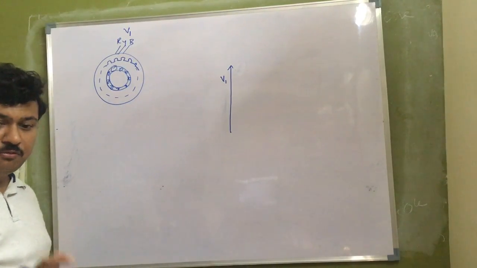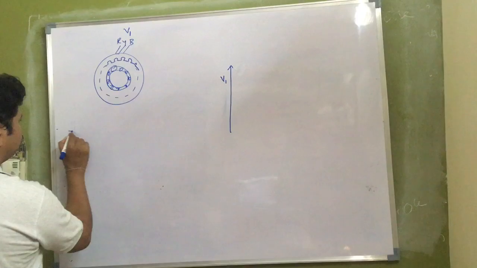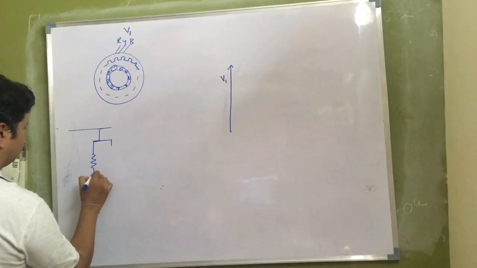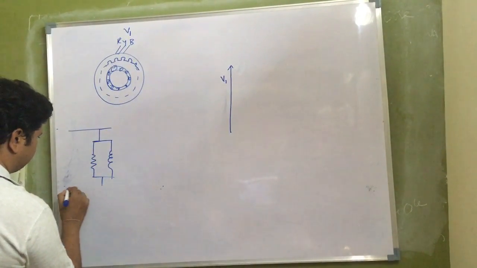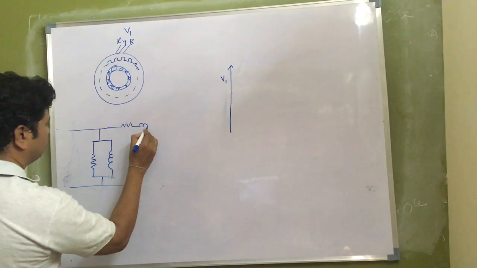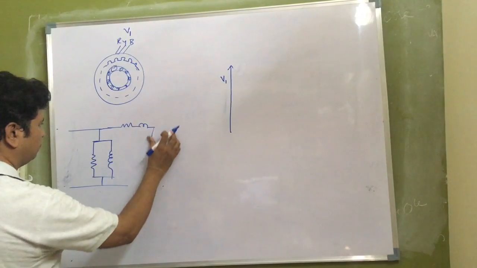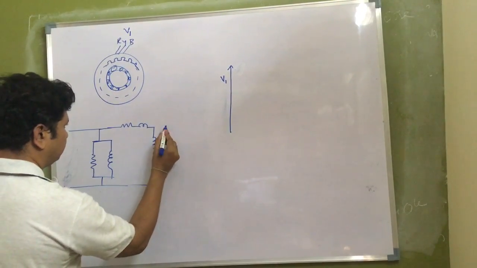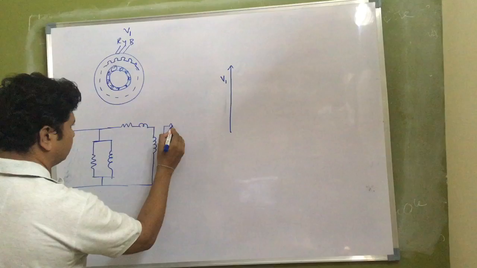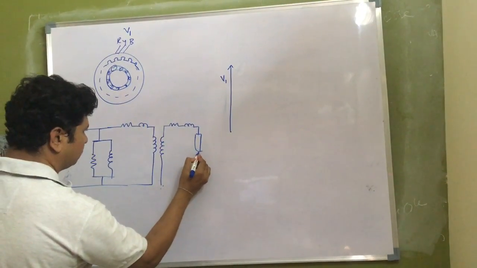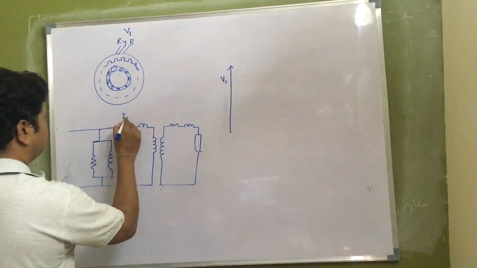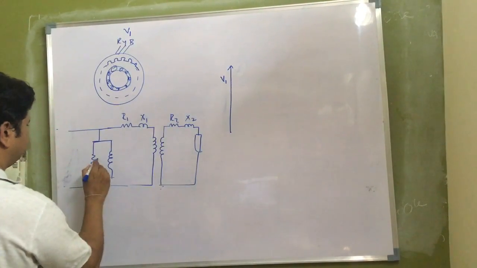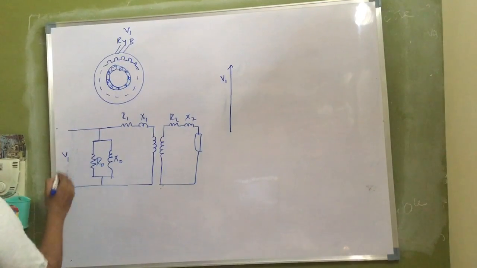Now draw the equivalent circuit of the induction motor. So this is R1, X1, R2, X2, R0, X0, V1.